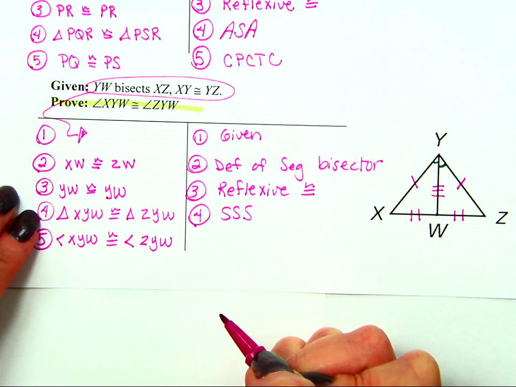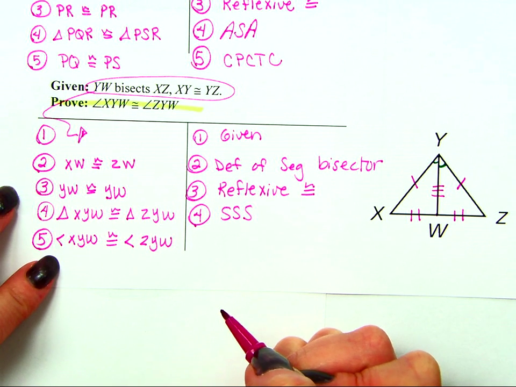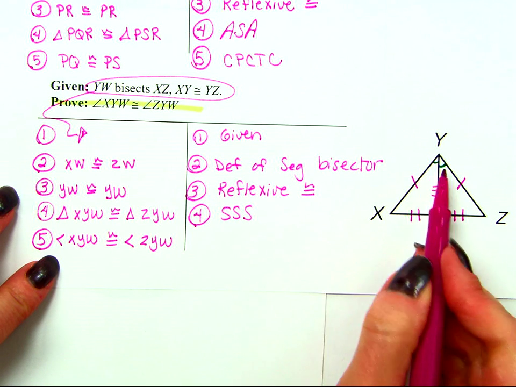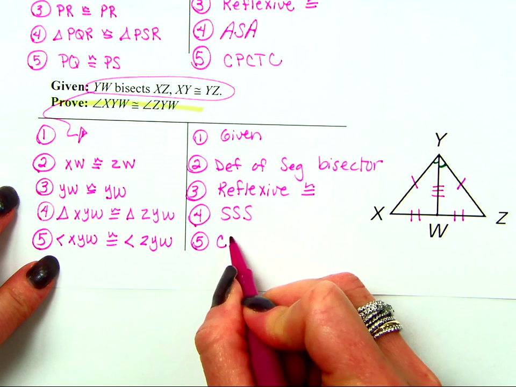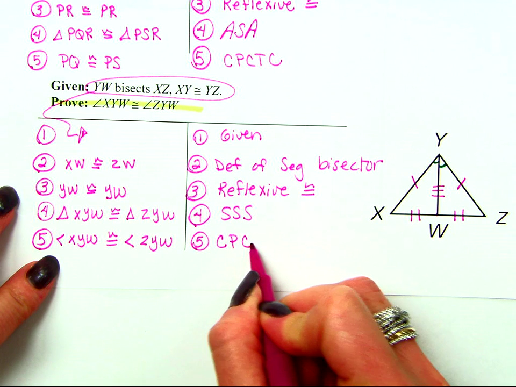Notice step 4 and 5 are different. Why are my angles at the top the same? Well, because they correspond, and the corresponding parts of congruent triangles are congruent.